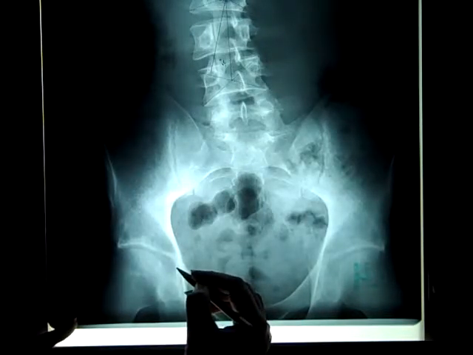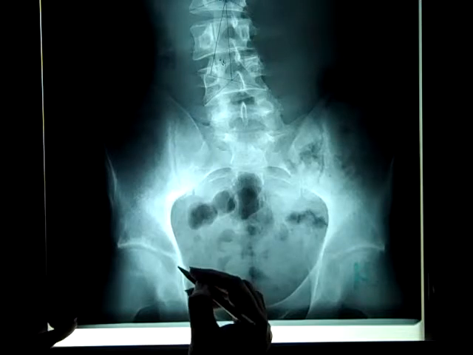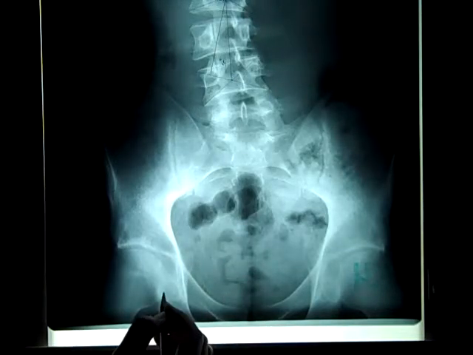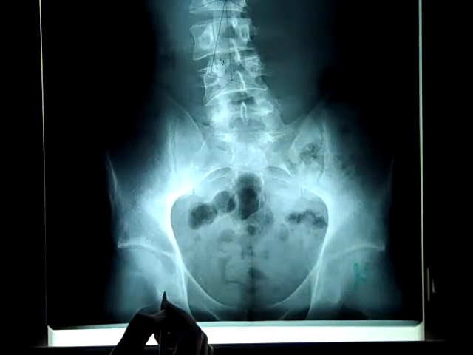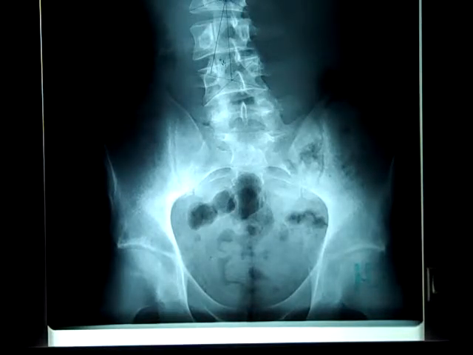This is Kohler's teardrop right here. Let me draw it in for you. This is Kohler's teardrop right here, and I'm measuring from the inferior medial aspect of the femur head across to the inferior lateral aspect of Kohler's teardrop.